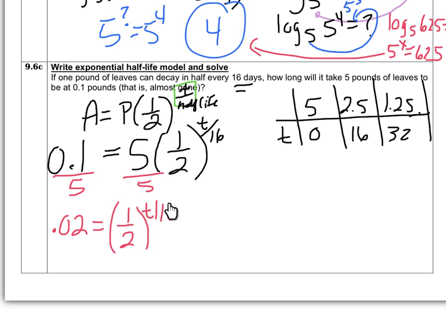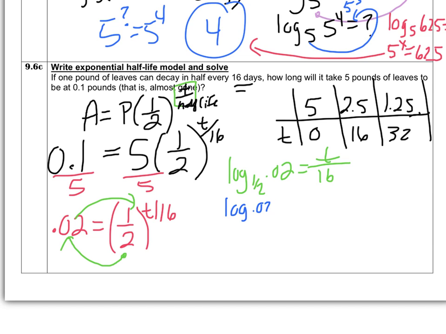Now the power is all by itself, so the only other thing we can do now is rewrite it as a logarithm. So it's log base 1/2 of 0.02 equals t over 16. Now here, be careful, we have to do our base 10, so what I'm going to type in the calculator to get the answer is the log of 0.02 divided by the log of 0.5 for this value here.